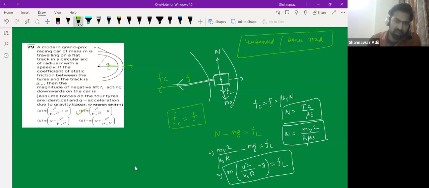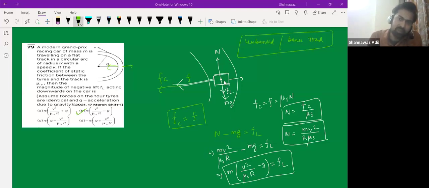So why didn't we take mg minus N equals FL? Because this is not moving, right? The car has lifted, or it has gone down, but it is not moving upward or downward. This is at equilibrium.